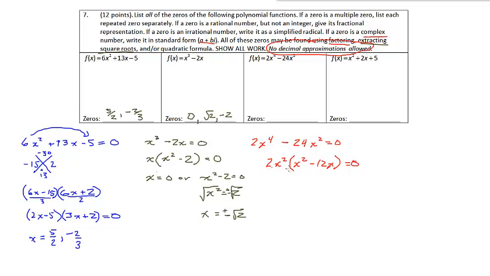You could say, well, I can divide both sides by 2 to keep working on this, but x squared is equal to 0, or x squared minus 12 is equal to 0. So this would be a double root, 0 times 0.